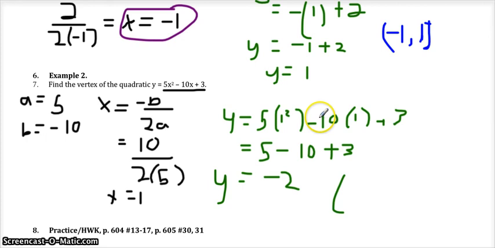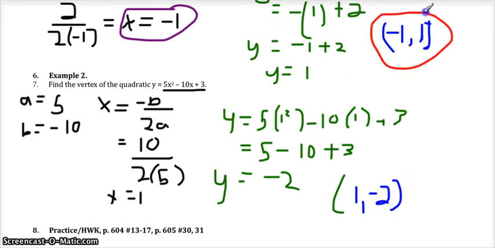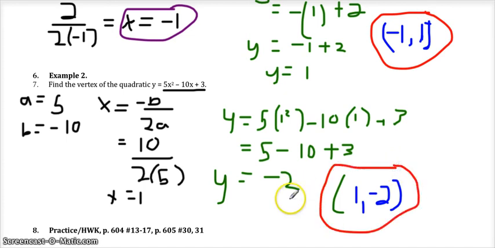So our vertex is 1, negative 2. That is how you find the vertex.